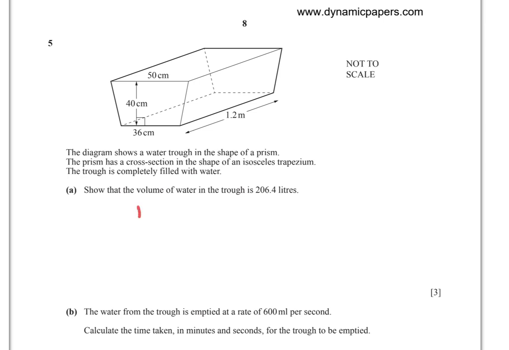Area of trapezium, half base 1 plus base 2, so 36 plus 50, times the height, which is 40. This is the area of the trapezium, then multiply by 120, because these lengths are in centimeters, so you need to convert the length to centimeters, times 100, so 120 centimeters.